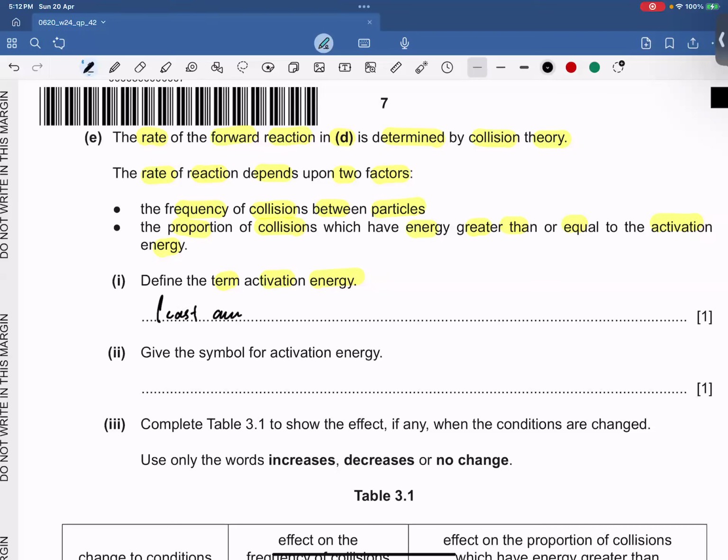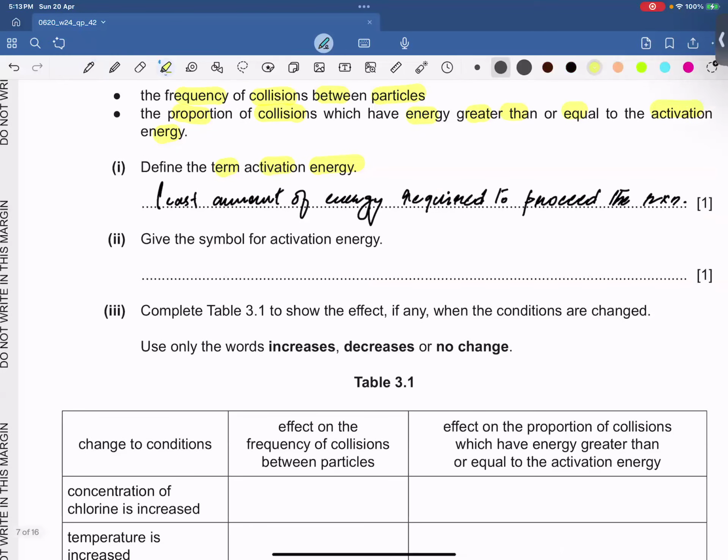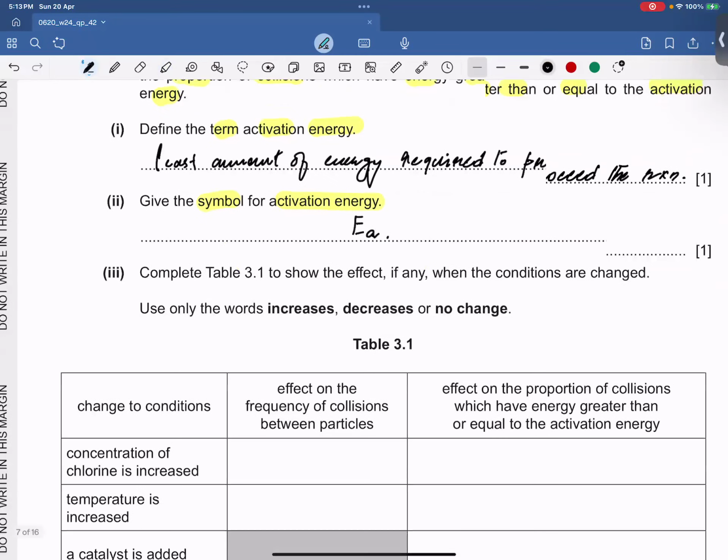Least amount of energy required to proceed the reaction. Give the symbol of the activation energy: capital E, small a.